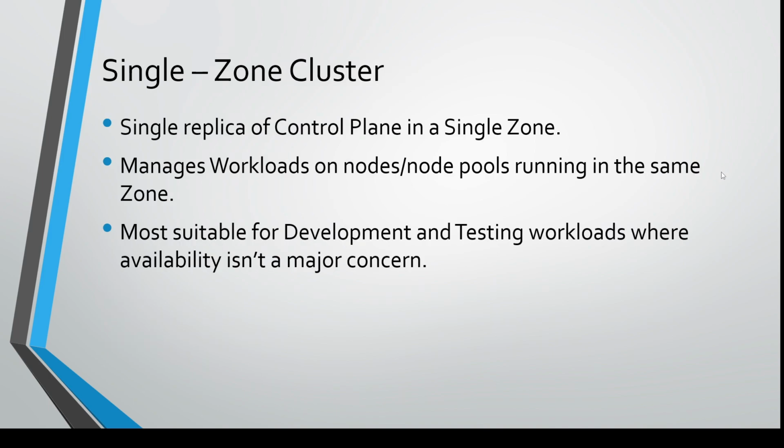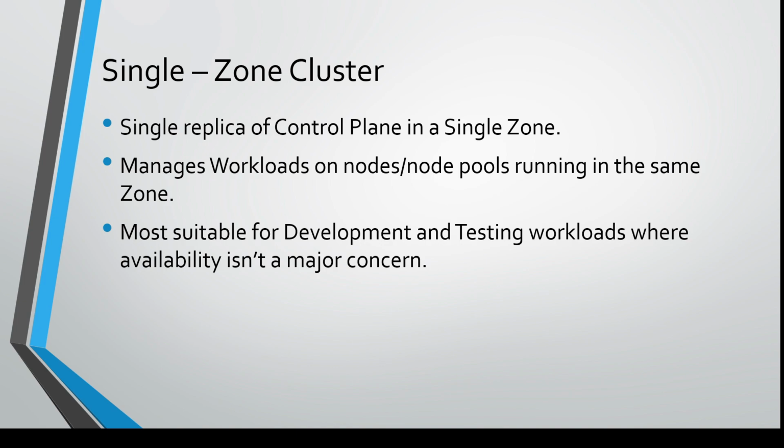So moving on to the next slide. We have the single zonal cluster. What does a single zonal cluster mean? Basically, the control plane will have only one replica in a single zone. For example, if you create the cluster in the US Central 1 region and you choose the control plane availability zone to be US Central 1A, that means you are creating a single zone cluster, and the control plane replica is only available in US Central 1A.